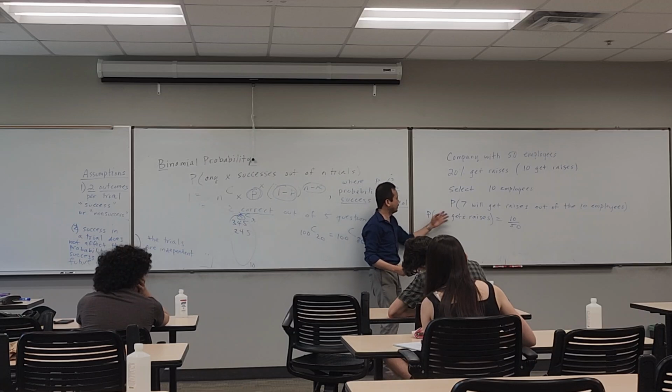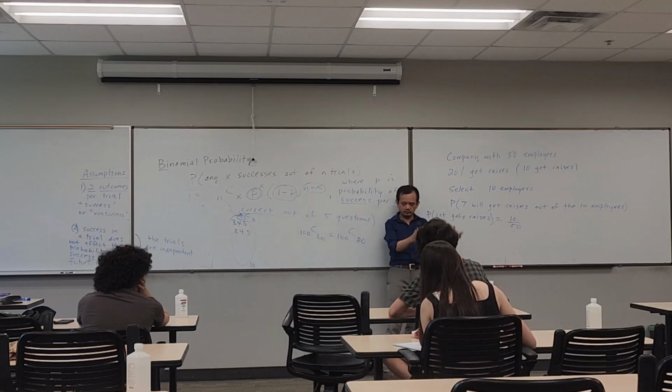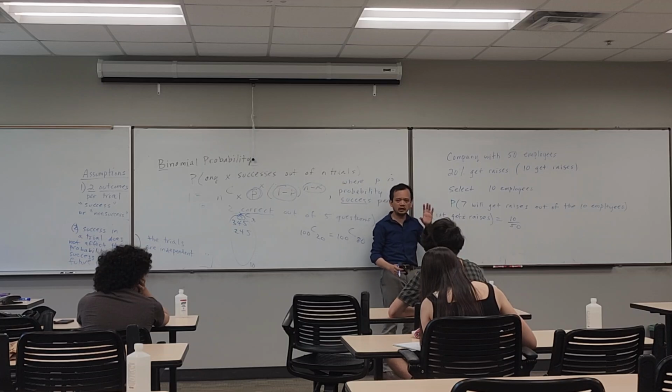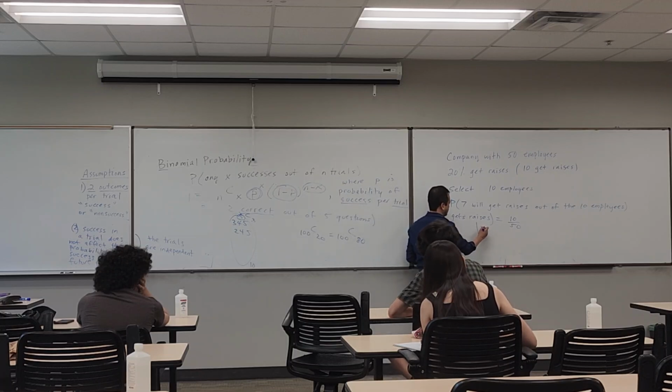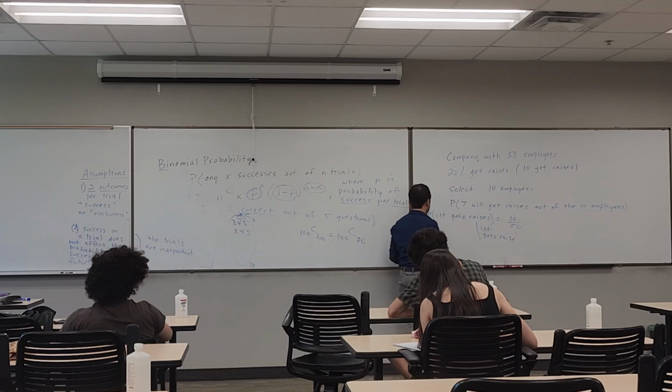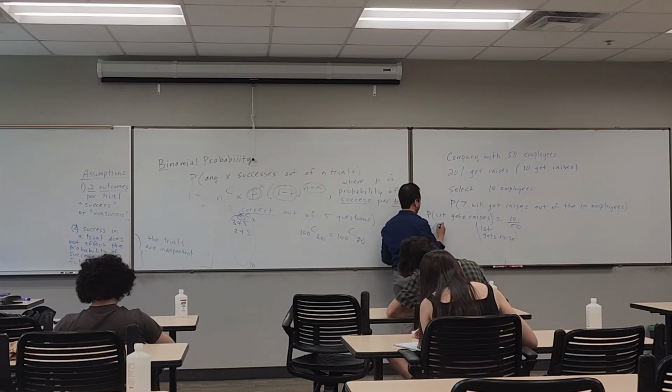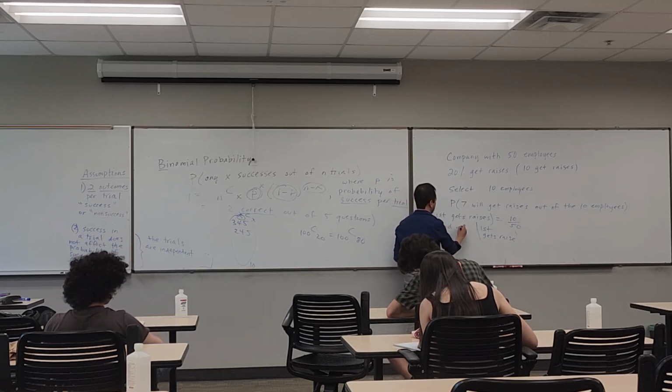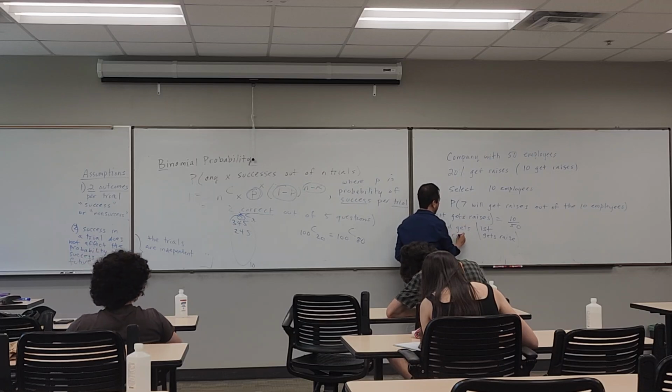So that's the probability that the first person that you look at ends up getting a raise. But now let's assume that they got a raise. So to be consistent with the notation we've been using, given that the first gets a raise, what's the probability that the next person, the second person, gets a raise? 9 out of 49. Yeah, very good.